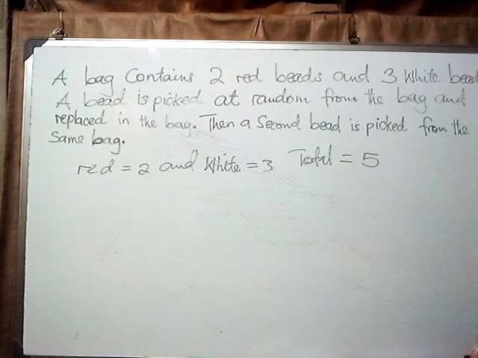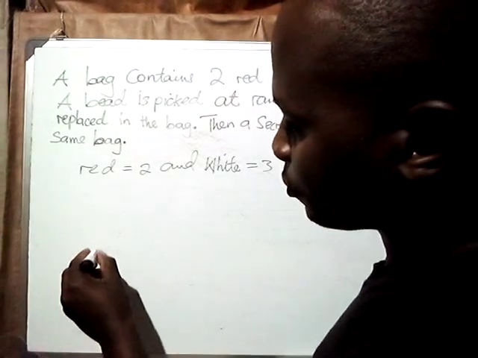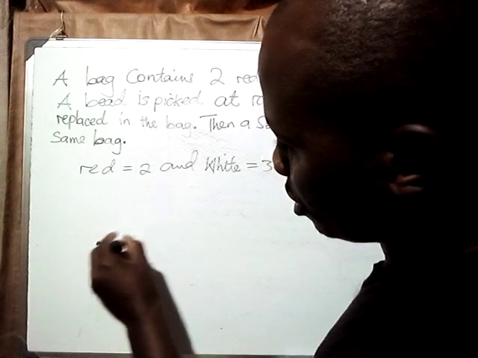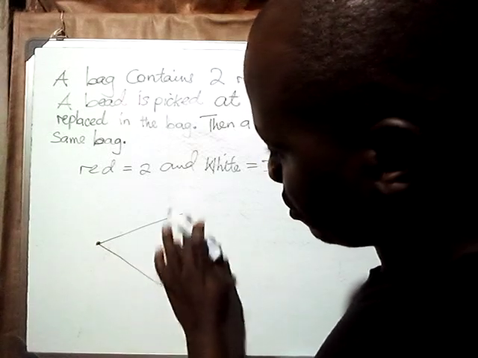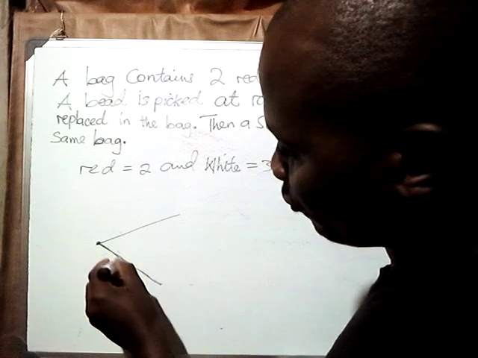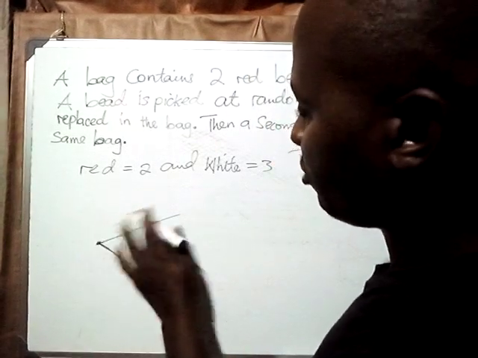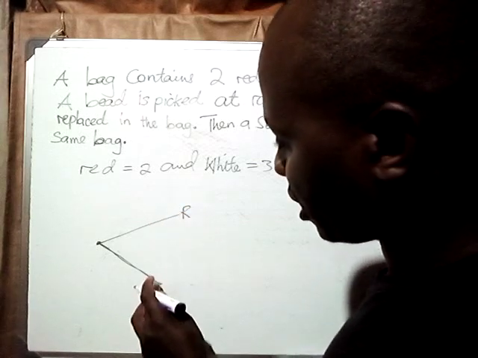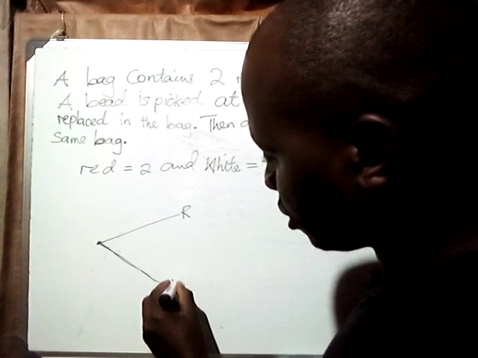So coming up with a tree diagram, we need to have a starting point. Then you will do this. So this is what we are going to have. These are 2 stems. This one is for red, and this other side is for white.